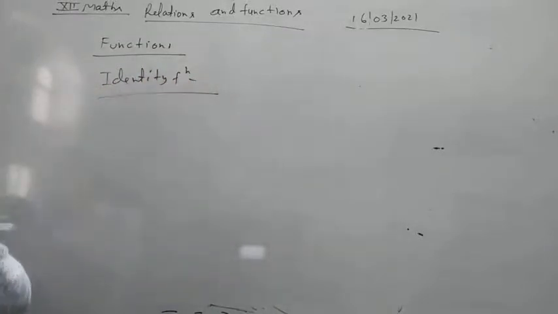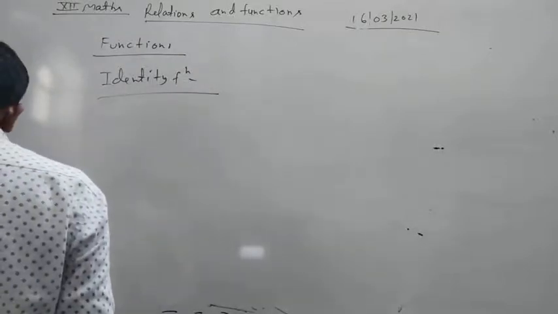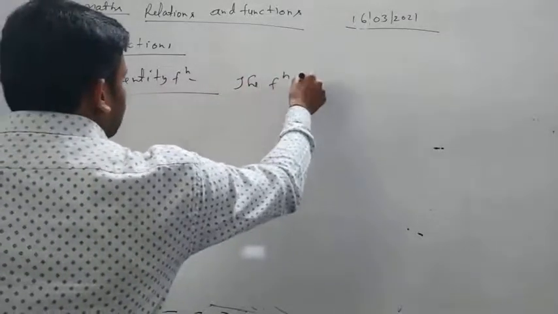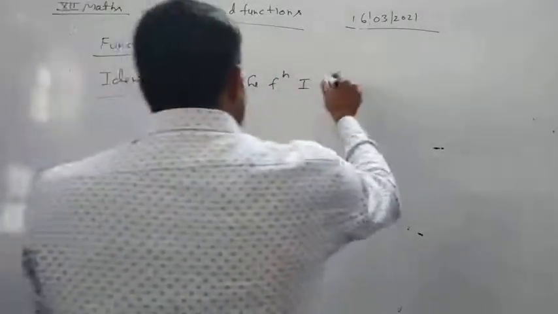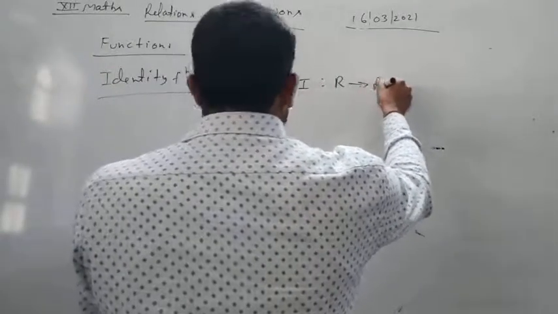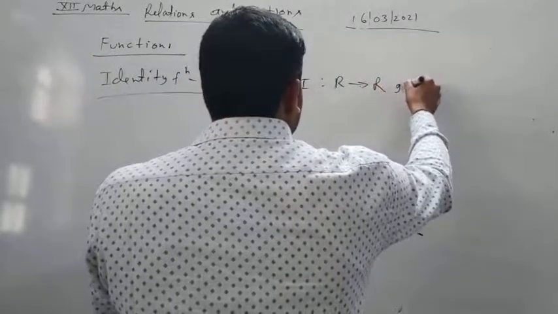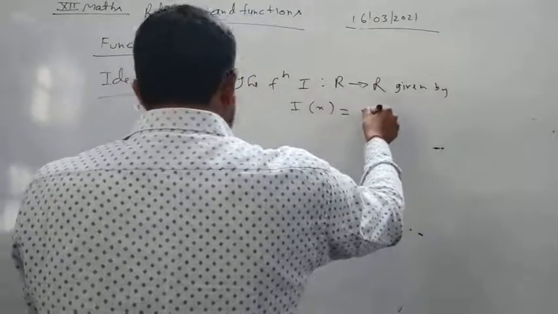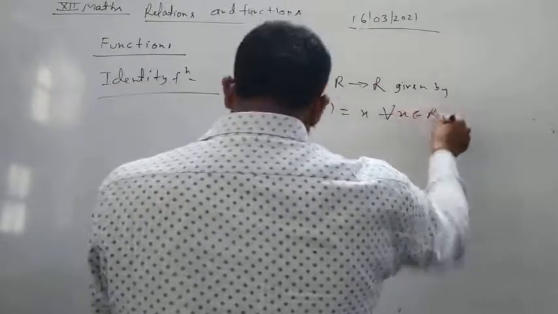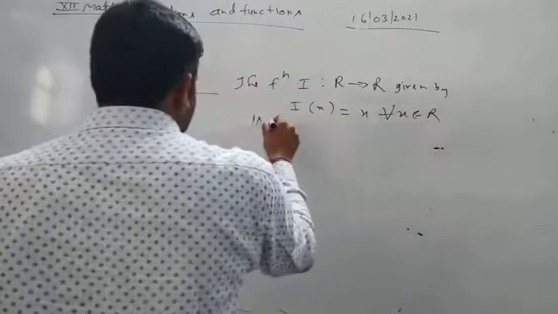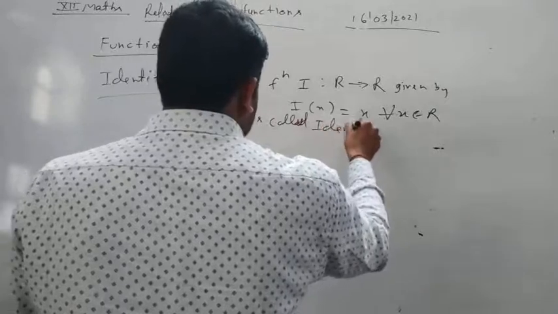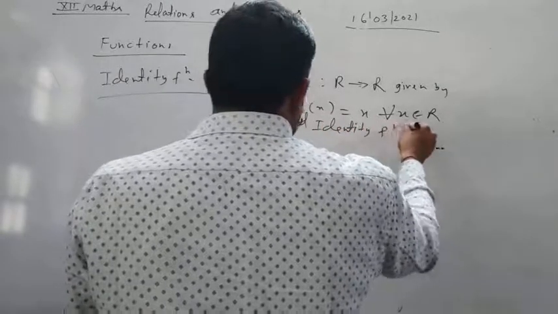What is the identity function? The function I from R to R given by I(x) = x for all x belonging to R is called the identity function.